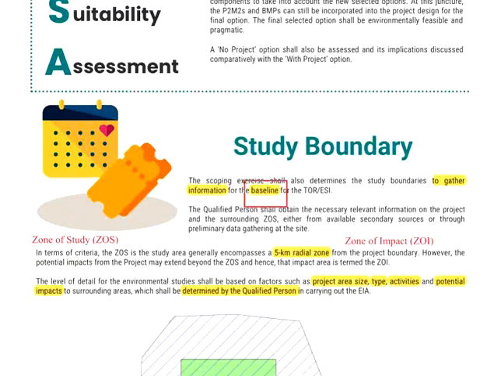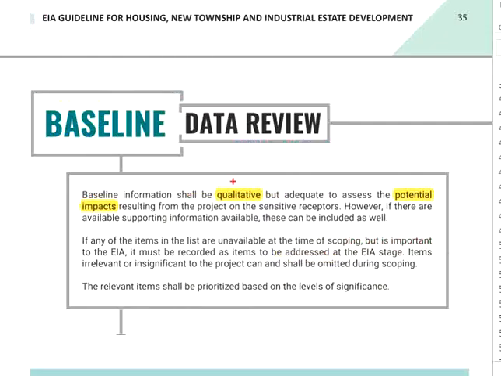Now, the baseline obtained during the environmental scoping can comprise qualitative information that is adequate to assess the potential impacts resulting from the project on the sensitive receptors.